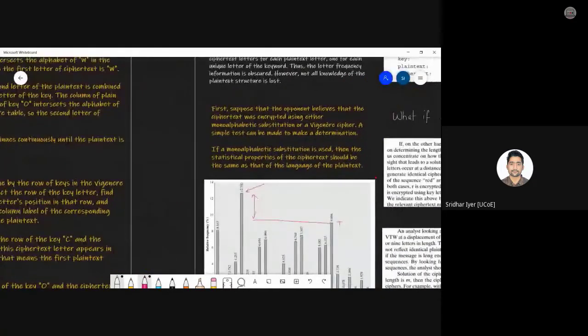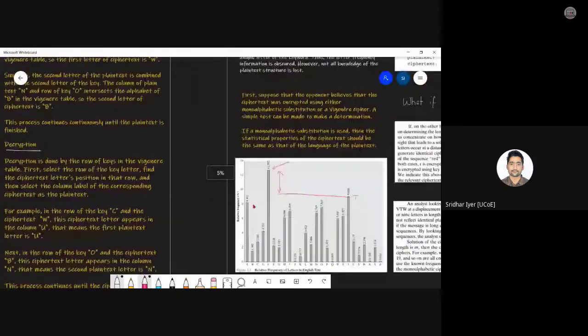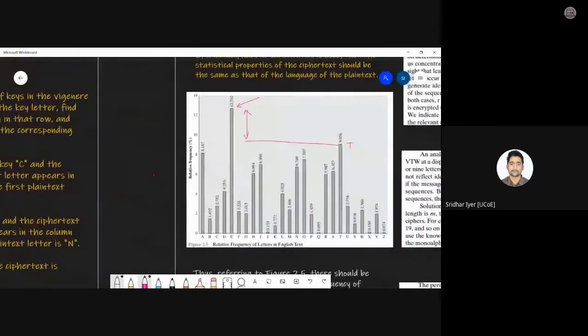Now, it is quite possible that your ciphertext is very small and will not adhere to this particular statistics. So this method applies where the ciphertext is relatively large and you can try to find patterns in it. Am I making sense?